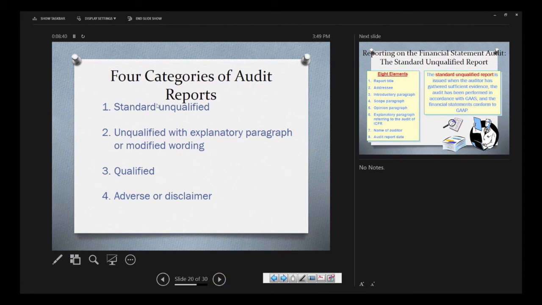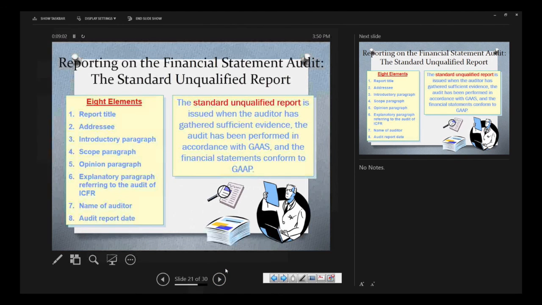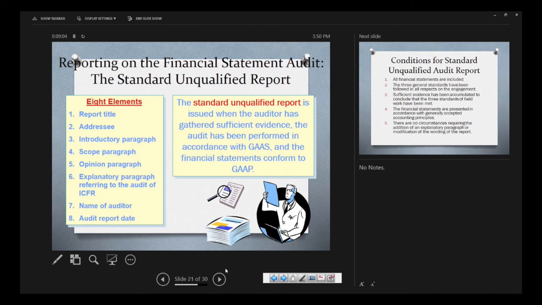Key things with the audit report is know the different types of audit reports that can be issued, what gives rise to a qualified opinion versus an adverse opinion, what the factors are that the auditor has to consider. Also know what's going to be modified. You do not have to memorize the wording in the audit opinion, but you should know if there's a scope limitation, what's modified in the audit report.